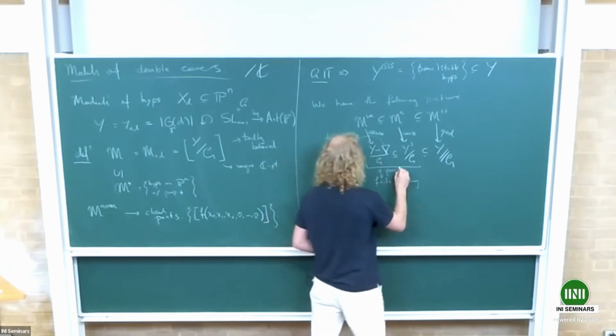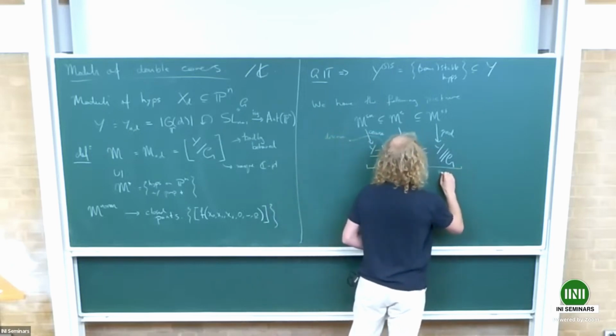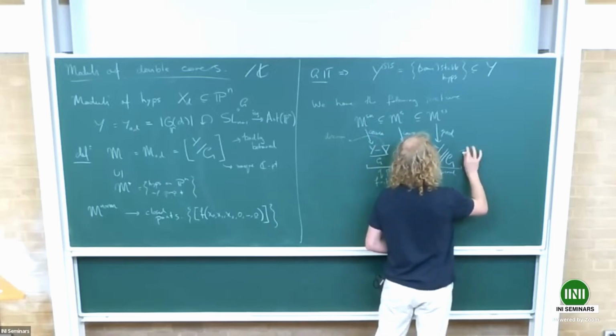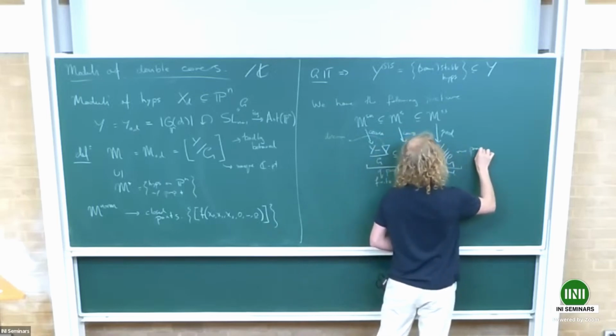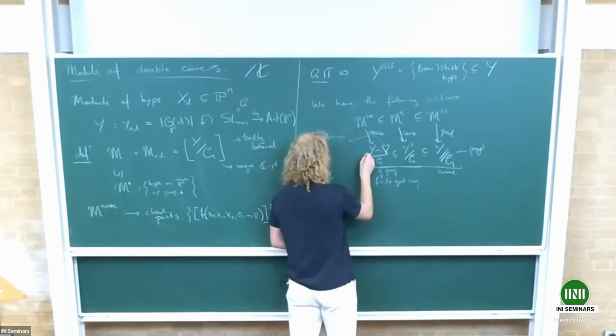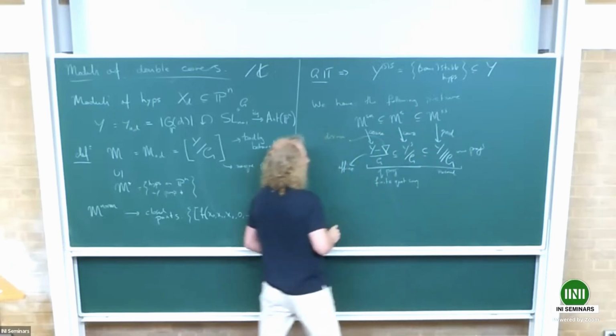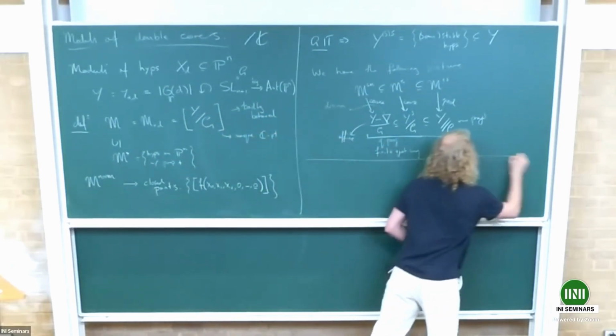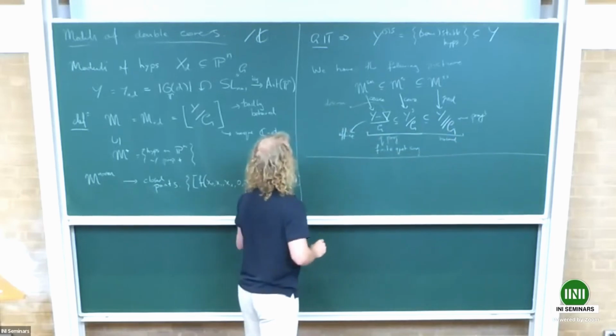All of them are normal. This one is, of course, projective. So this is the picture that we want.